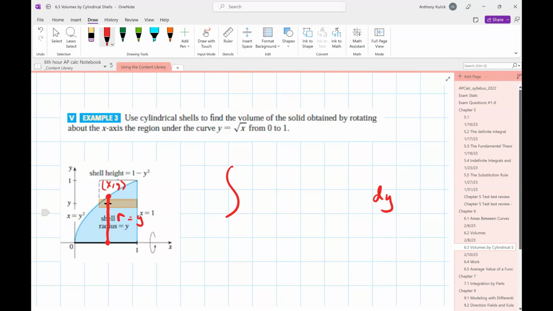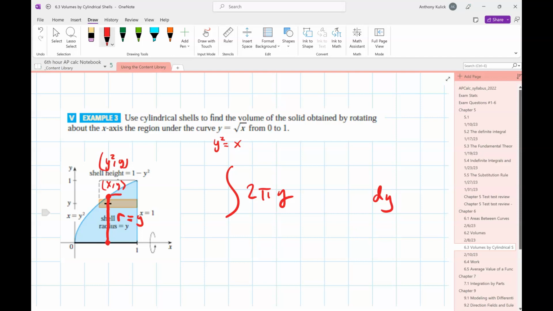That distance is the y coordinate for that point. Is everybody good with that? That y coordinate should be, I know that x is y squared, so this should be y squared comma y, right? That point. Is everybody okay with that? So that distance is y, so we have 2 pi y. Everybody's okay with that?